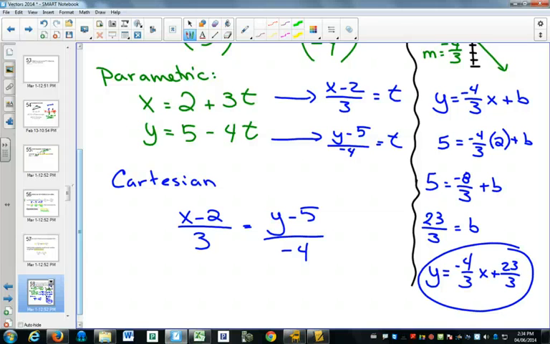What I want to point out is once you've got your Cartesian form, if you wanted to solve for y all by itself, can you see here you could, fraction equals a fraction, you could cross multiply to get rid of the fractions temporarily. I would have -4x plus 8 equals 3y minus 15.